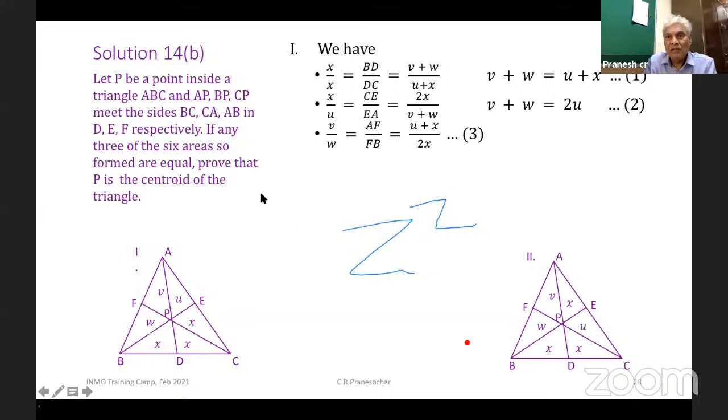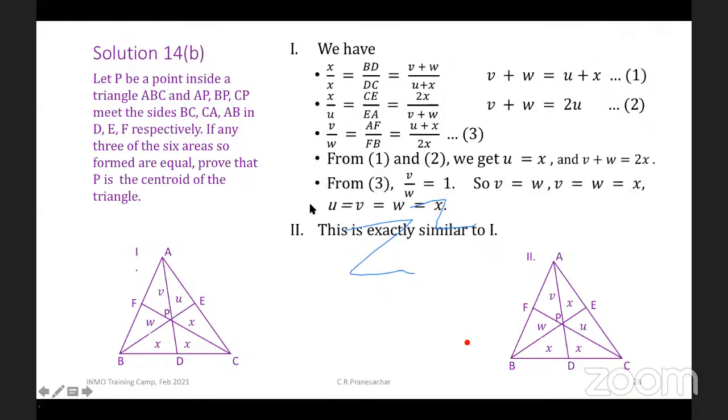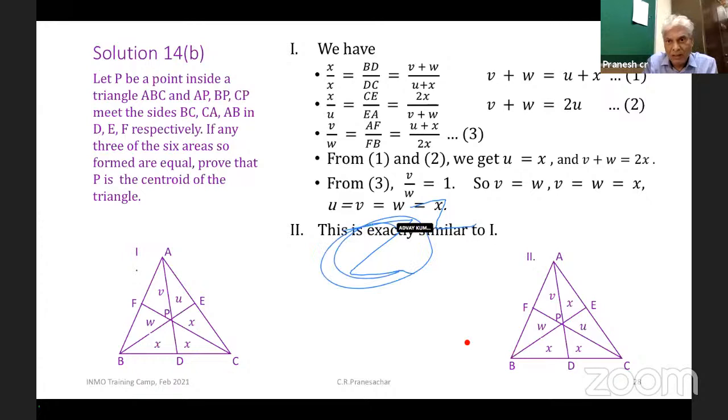Now using these three, you can easily prove that U equals V equals W. It's very easy, and part 2 is also very similar to part 1.